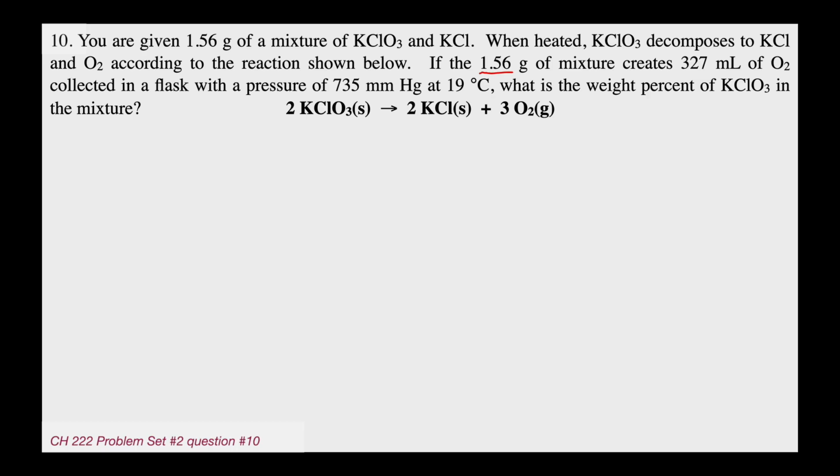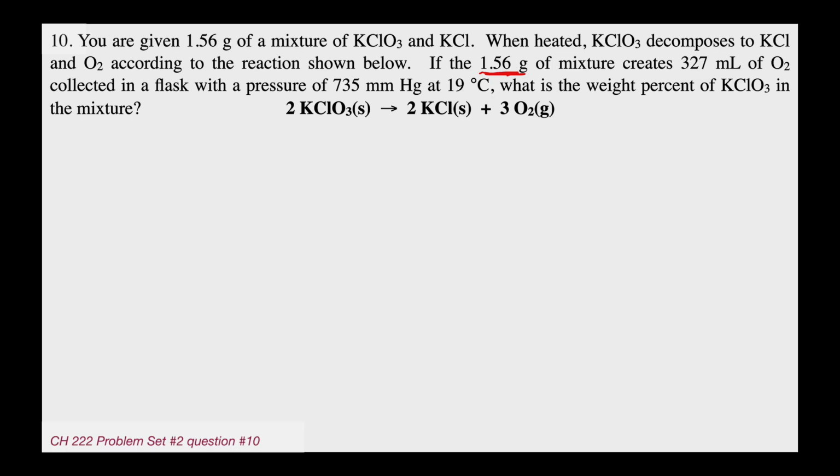It had better be a number less than 1.56 grams, because that 1.56 grams represents an impure mixture. It's a mixture of the good KClO3 and some impure KCl. So at the end of the day, grams of the pure KClO3 divided by 1.56 times 100%, that's going to give us the weight percent.